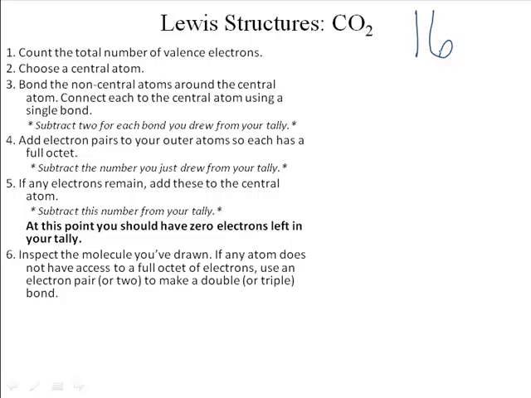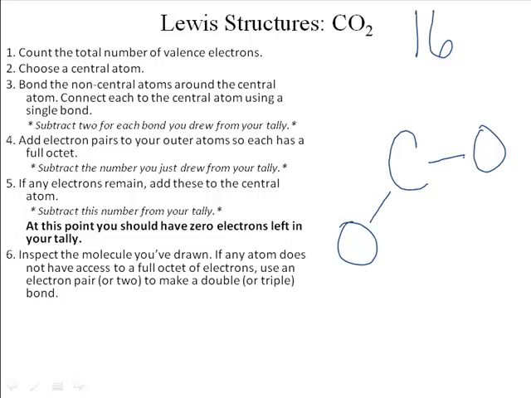I'm going to choose a central atom. Carbon needs 4 more electrons. Oxygen would only need 2 more electrons. And also, carbon is the first element in the chemical formula, so that's a good indication as well that it's going to be in the middle. I'll put the carbon in the middle, I'll put oxygens kind of around the outside, and then I'll connect them together.